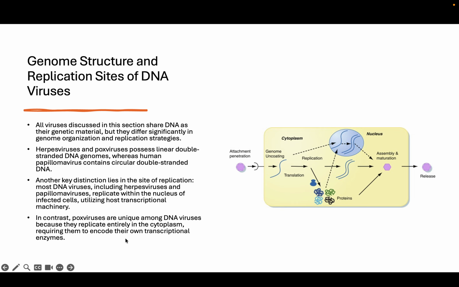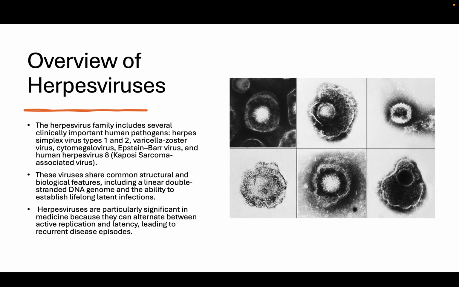The pox virus is the only DNA virus that can replicate in the cytoplasm. Why? Because it does not need host transcriptional machinery. It has its own, so it doesn't need to go into the nucleus to transcribe and do all of its genetic material synthesis. So pox viruses are the only exception.